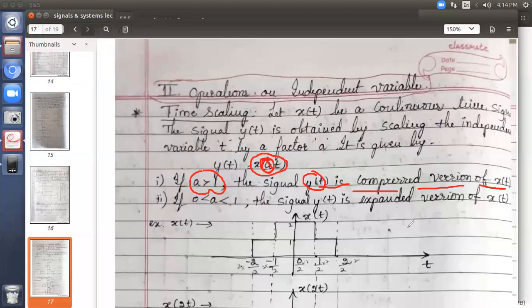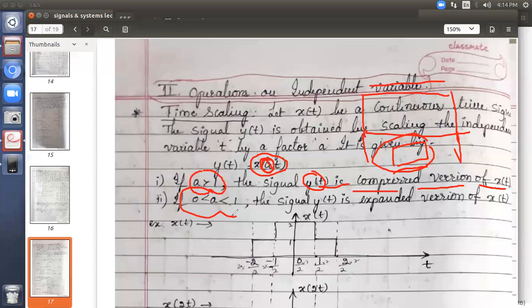Compressed. You know what compression means. It is tightly bound. The original shape, if it is something like this, the compressed version will also look the same way, but like this. This range is a bit bigger, this range is a bit smaller, so compressed version.